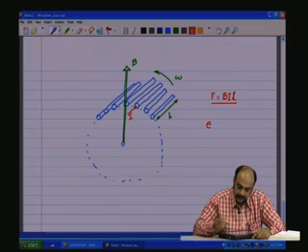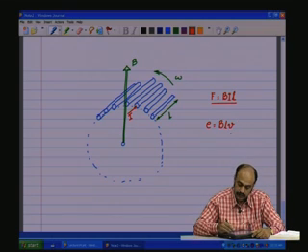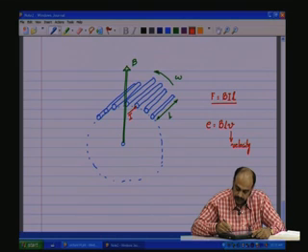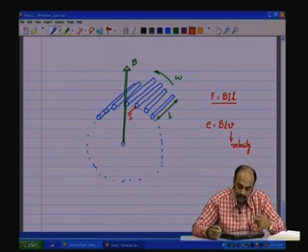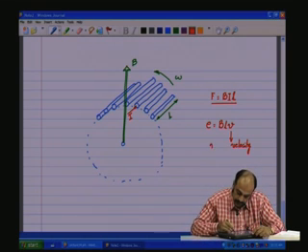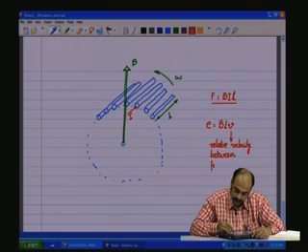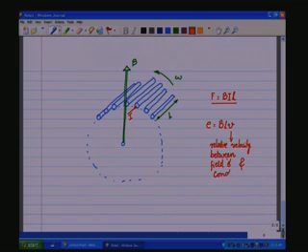By Faraday's law, there is a voltage E induced, and that is given by B L V, where V is the velocity with which the conductor moves relative to this field, or the relative velocity between the field, that is B, and the conductors.